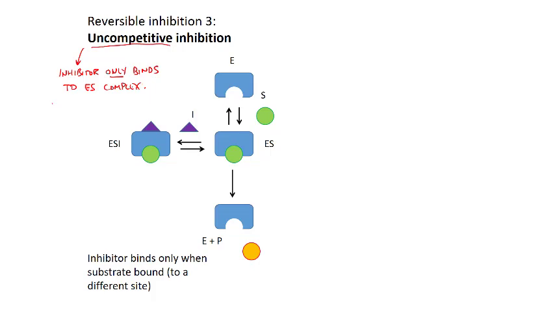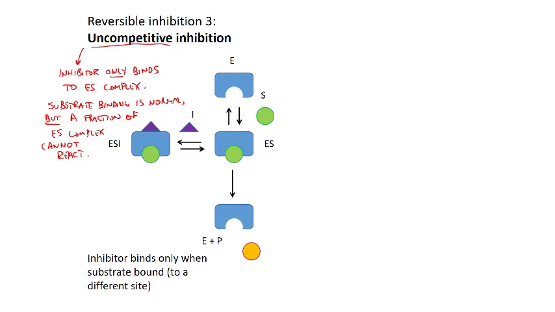So what happens is that the substrate binding is normal, but a fraction of the enzyme substrate complex is not going to be able to react.